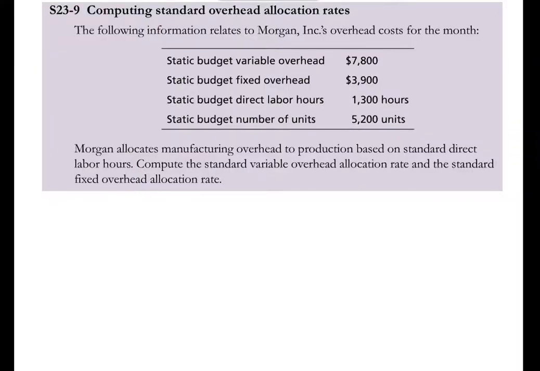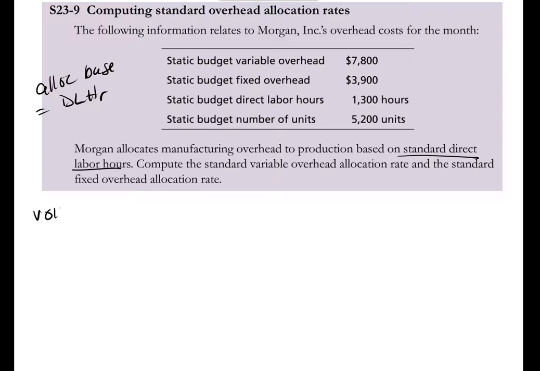Okay, so for this one, the first thing we're going to do is come up with the allocation rates, or those predetermined rates, based on the information that we're anticipating at the beginning. So in this case, they said that they allocated based on standard direct labor hours. So the allocation base is direct labor hours, okay?